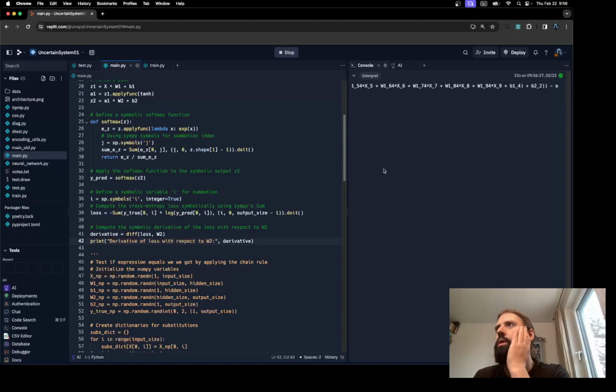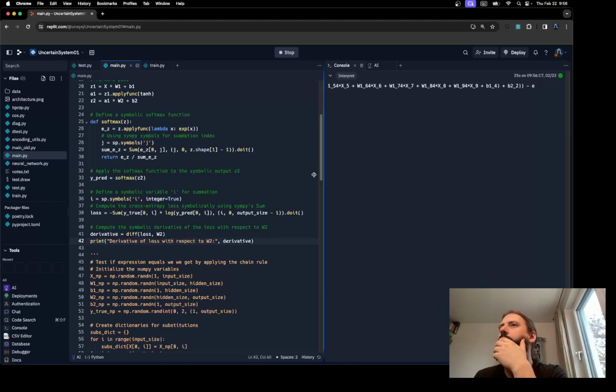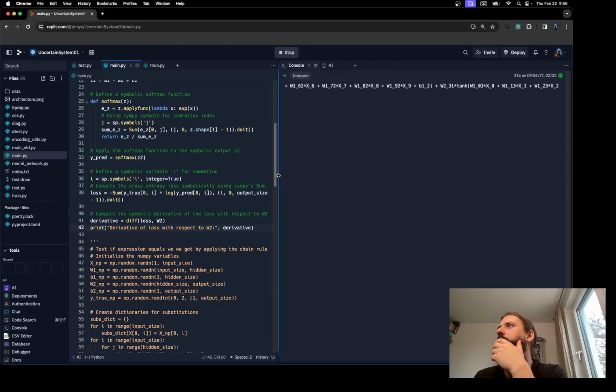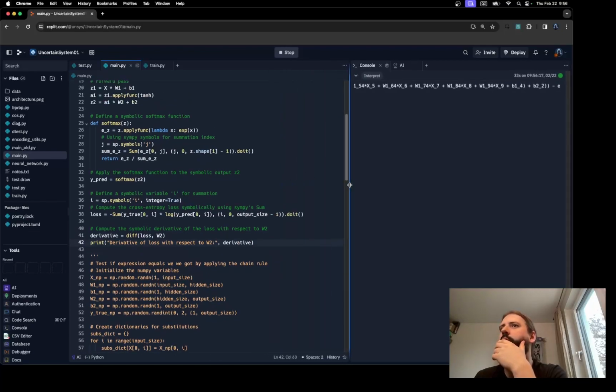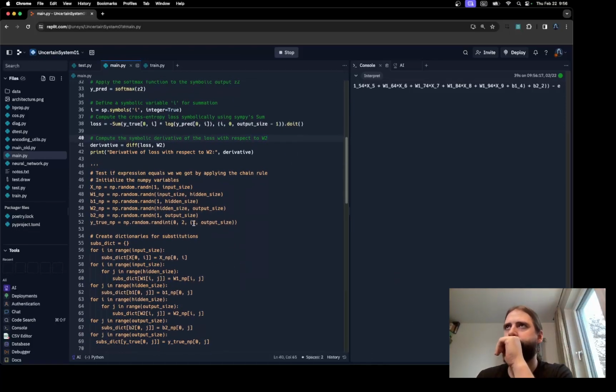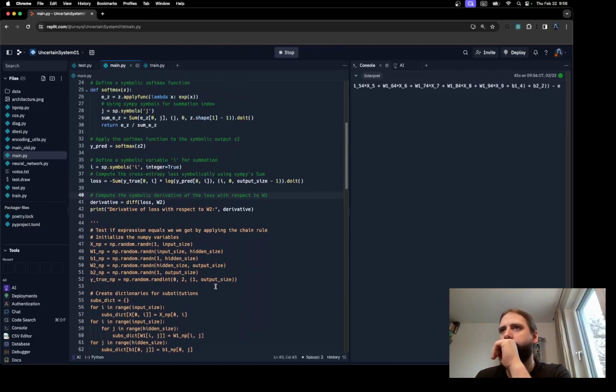Okay, so maybe a problem that I'm having here is that I would simplify things a lot if before doing these I would actually do a replacement. Let's say we initialize all these earlier.